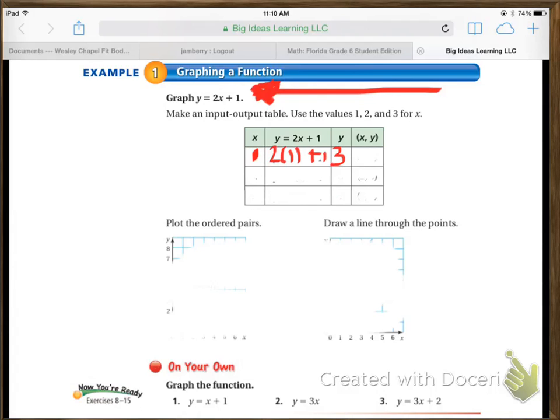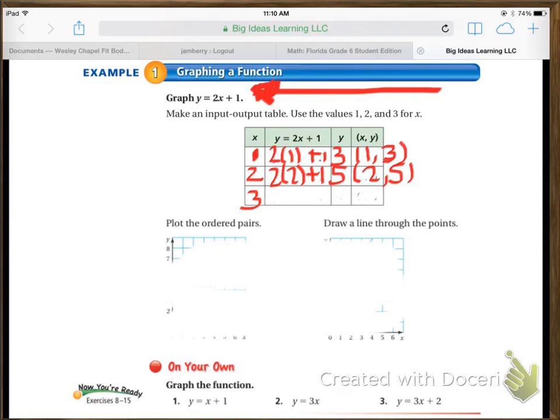So the y is 3. So my ordered pair is 1, 3. Okay, so next I'm going to substitute the number 2 for x. 2 times 2 is 4. 4 plus 1 is 5. And so my new ordered pair is 2, 5.